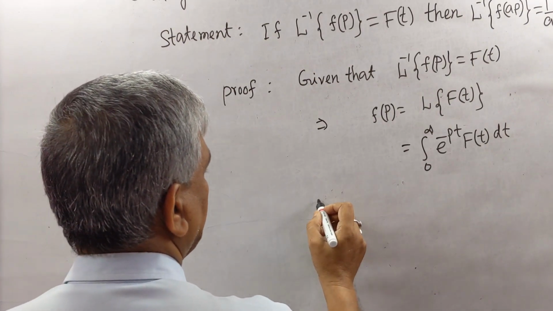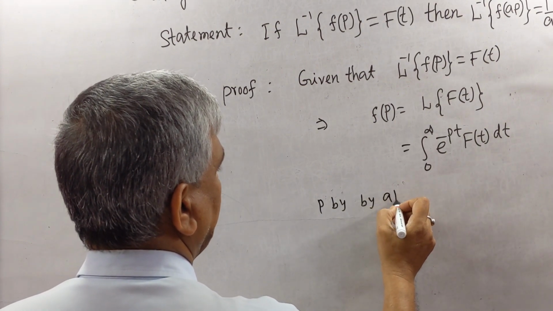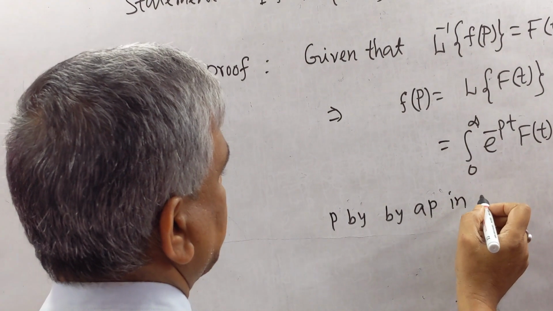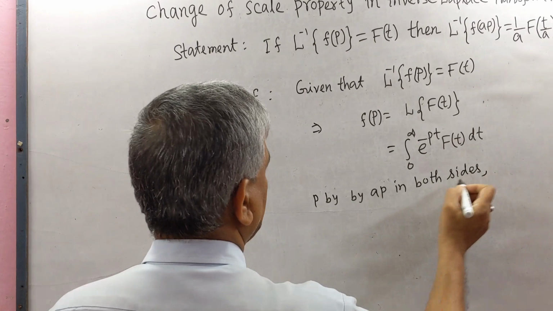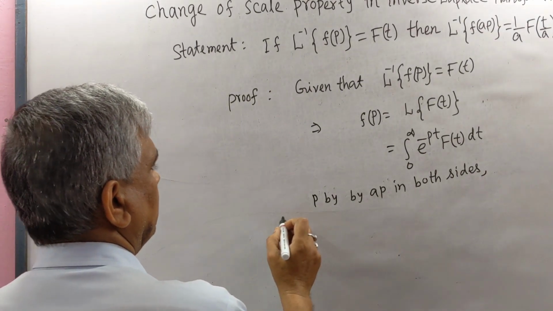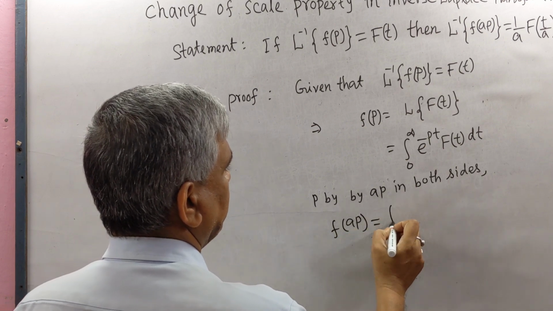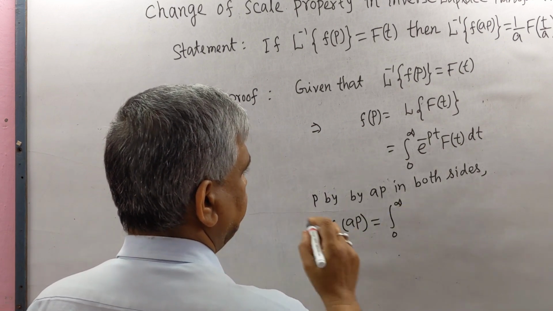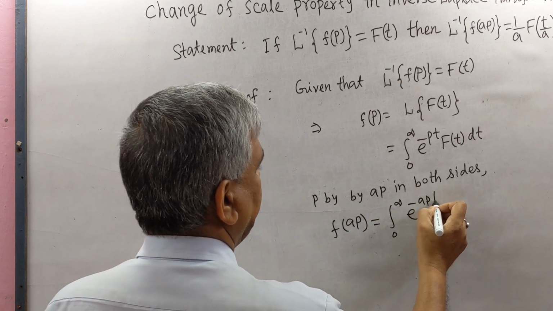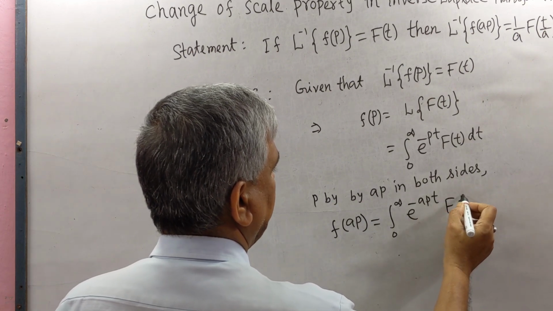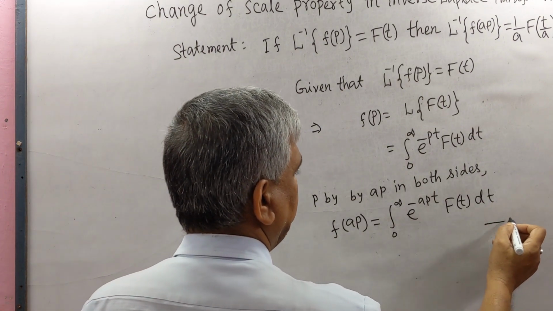replacing p by ap on both sides, we get F(ap) equal to integral from 0 to infinity e to the power minus apt f(t) dt. This is number 1.